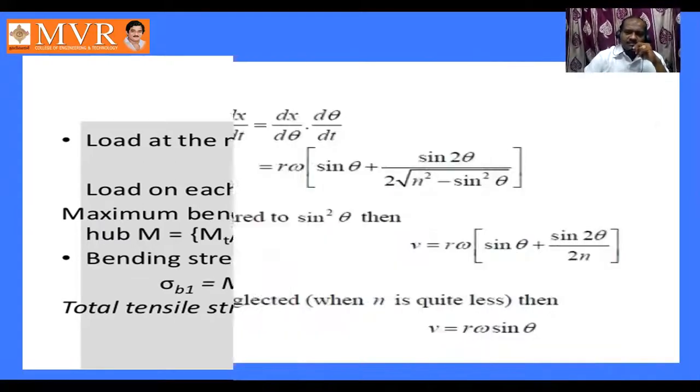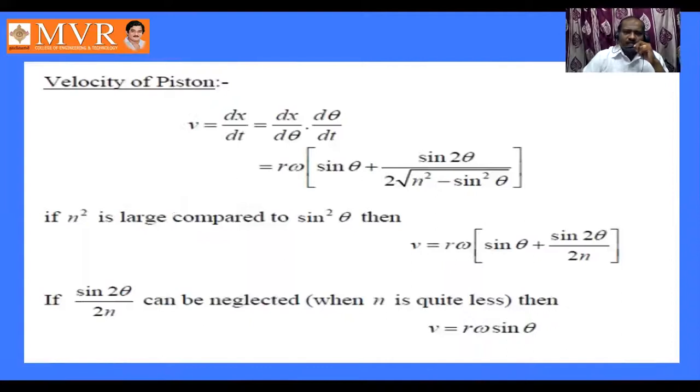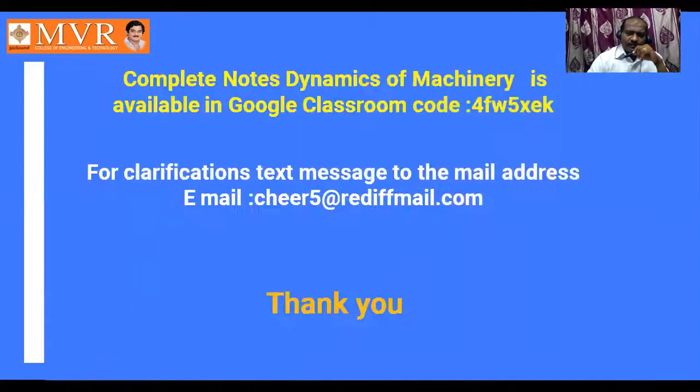This is the velocity of the piston. For the same value, how we are going to calculate, I have given. This concept is already explained in the previous one. By using this relation, you have calculated V equal to R omega. As you have taken an IC engine, you have to use this relation.